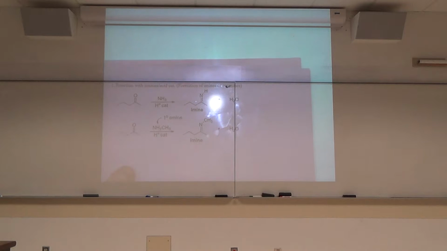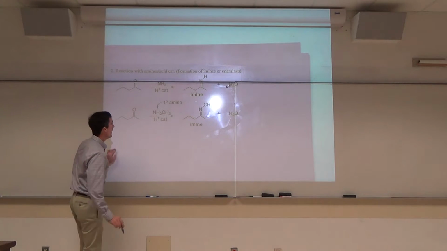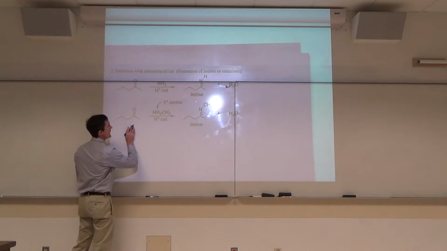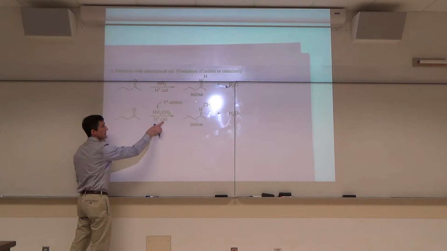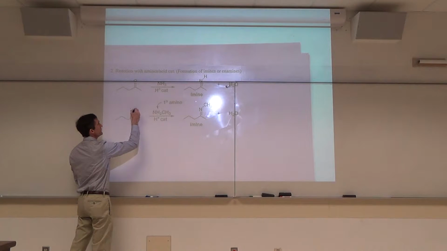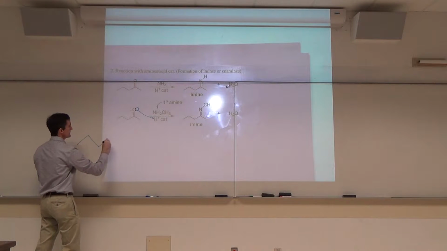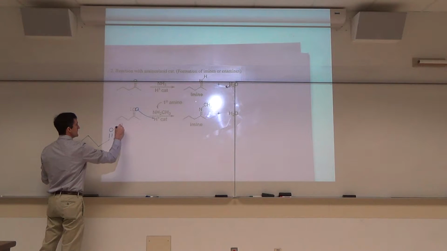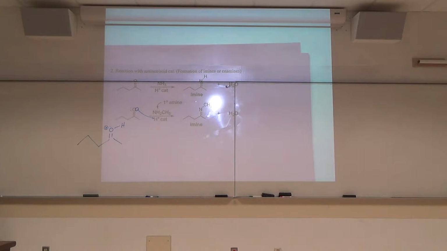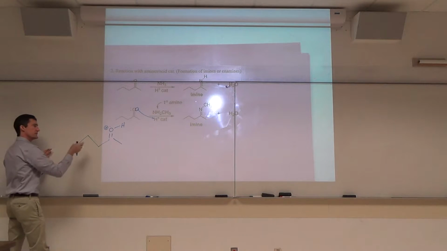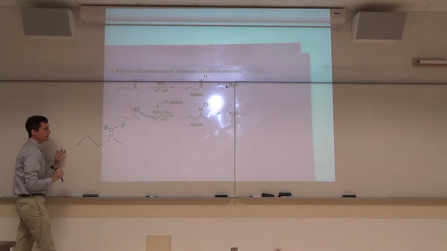So let's do the mechanism for this second one with the primary amine. Well, what you want to do first? Well, if we're using an acid catalyst, which implies strong acid, what's the first thing you want to do here? Protonate, right? And so we can get boom, boom, boom. This makes the carbonyl more electrophilic. That oxygen now wants the electrons, and you can even move these up and show a resonance structure.